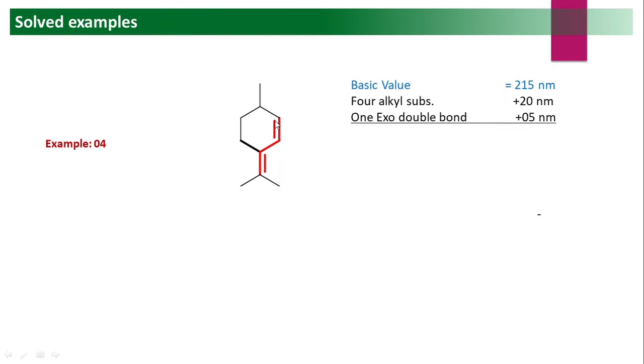So you have to add 5 for one exo double bond. Other than this system, there is nothing in this molecule. So add these values, lambda max will be 240 nanometer. So lambda max for this compound is 240 nanometer and the experimental value is 232 nanometer. So that is close to our calculated value.